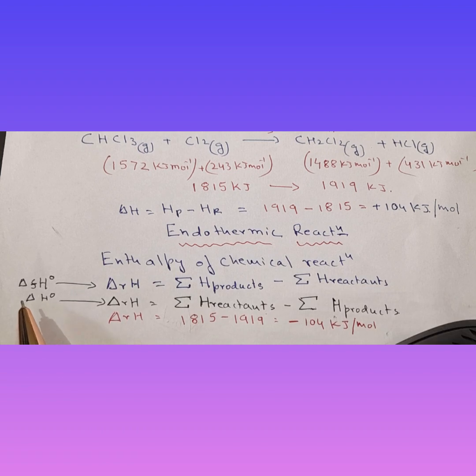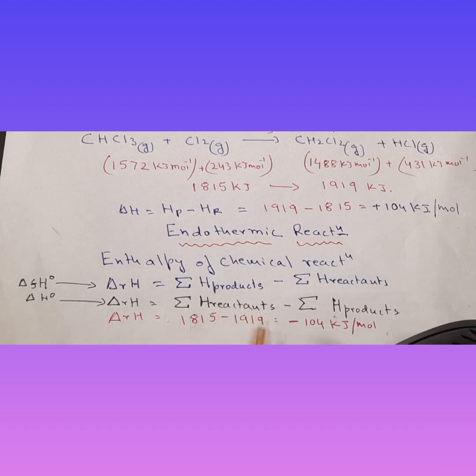But if we have been provided with delta H0, then we use summation of reactants minus summation of products. So what have we been given? I have applied both, just to show you the difference. We have been provided with delta H0. So our formula would be summation of reactants minus summation of products.